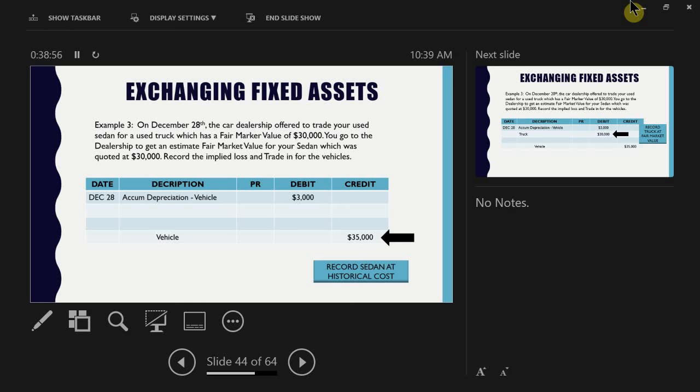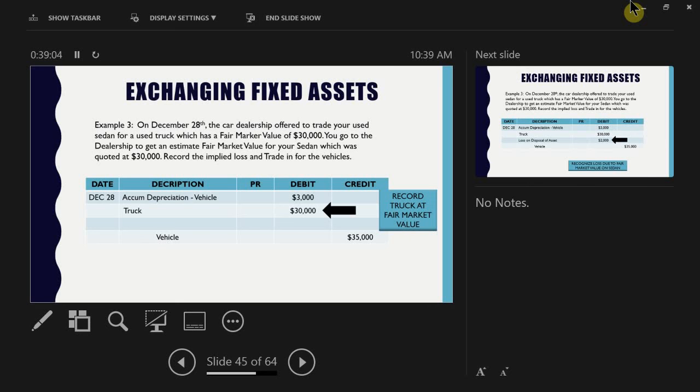We have to look at the historical cost. I originally bought that car for $35,000. Since I'm trading it in, I'm crediting my sedan and trading it in for a truck. So therefore, I'm acquiring a truck. The truck is $30,000. That's what it told me.